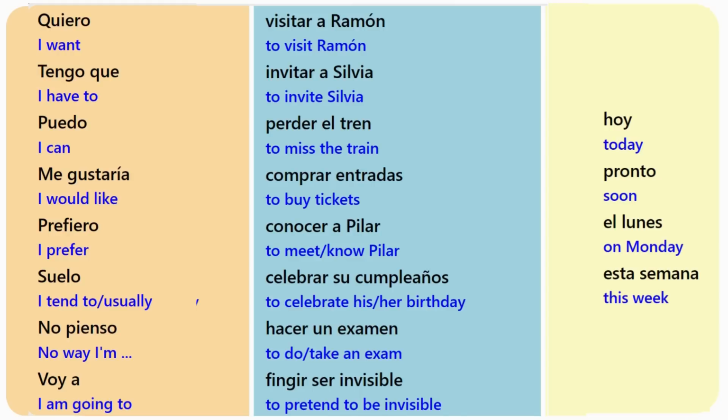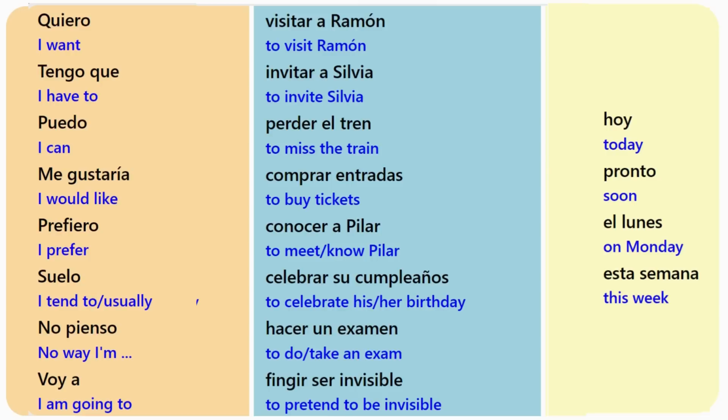So if quiero is I want, how would you say I don't want? No quiero, I don't want. If puedo is I can, how would you say I can't? No puedo. Suelo is I tend to.